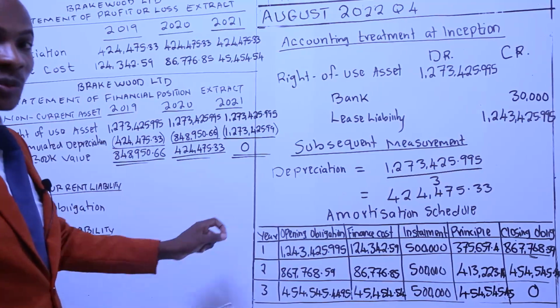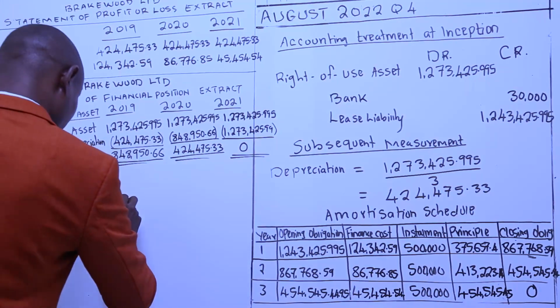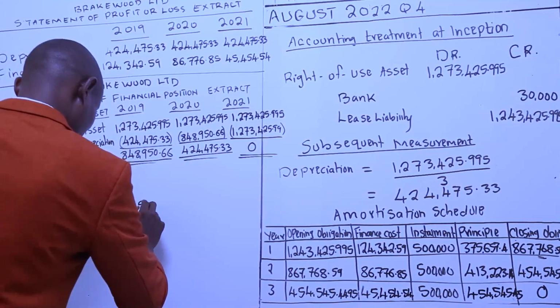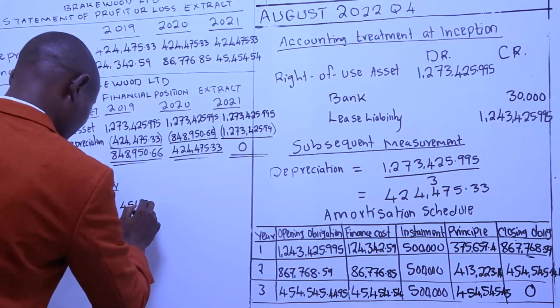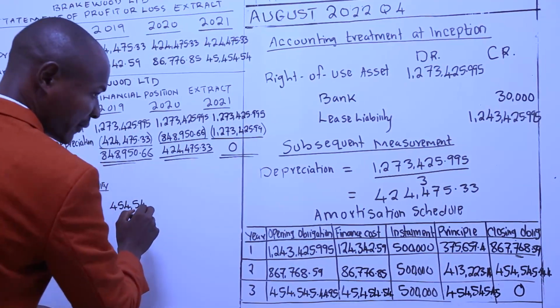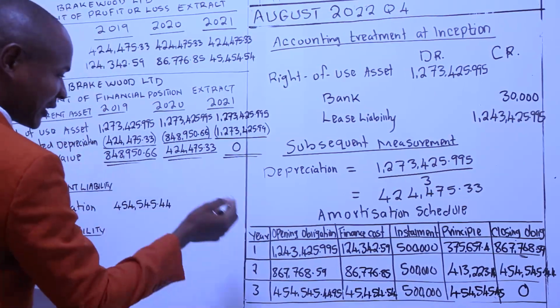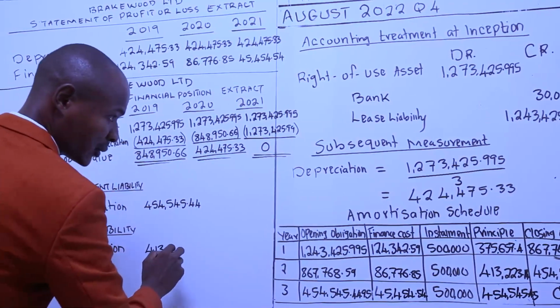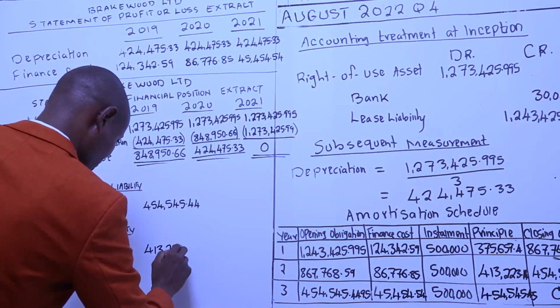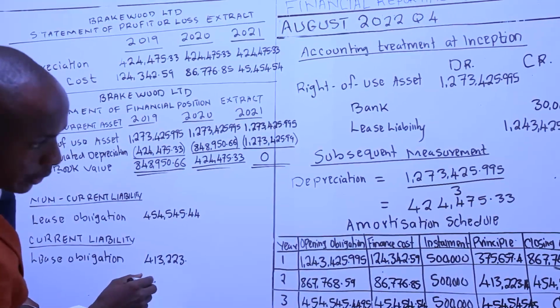So if you want the non-current portion, you move a year down, and if you want the current portion, you also move a year down. The non-current portion is 454,545.44. The current portion will be 413,223.4, I believe.